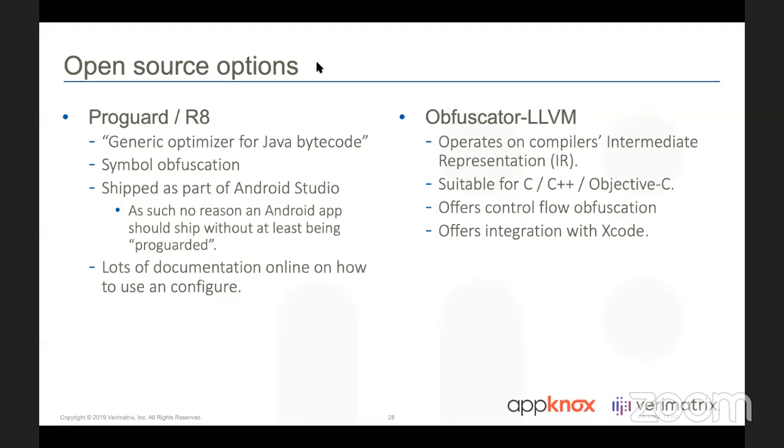These tools describe themselves as being a generic optimizer for Java bytecode. And the reason they use that definition and they don't describe themselves as obfuscation is because they're really just doing simple obfuscation. If you remember our example at the start, they were taking long, meaningful names and shrinking them down to short 1 or 2 character names.